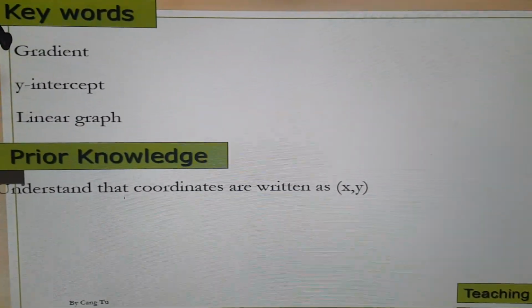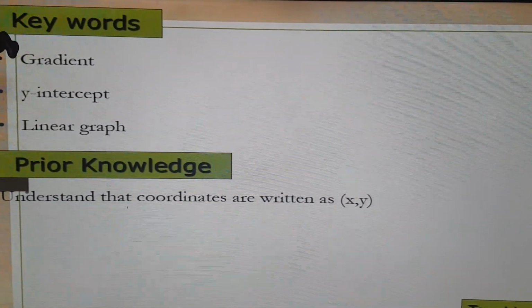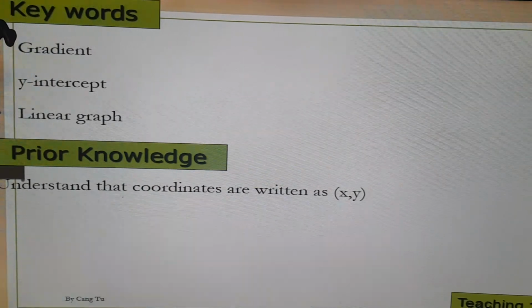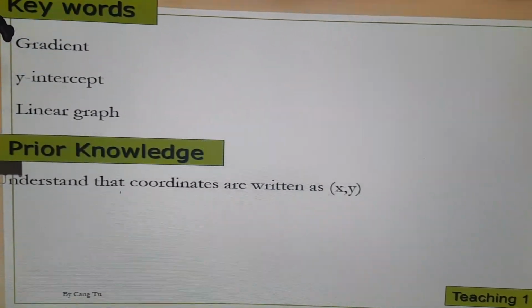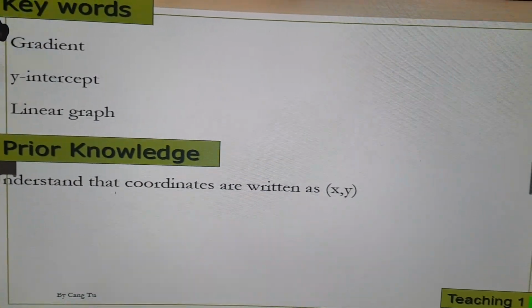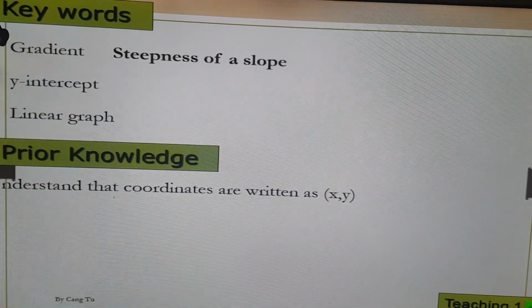So to start this topic, you need to be introduced to the keywords. These are the keywords you'll be coming across in the course of this lesson. Gradient, mostly the gradient and the y-intercept. What is the gradient or what's the y-intercept?